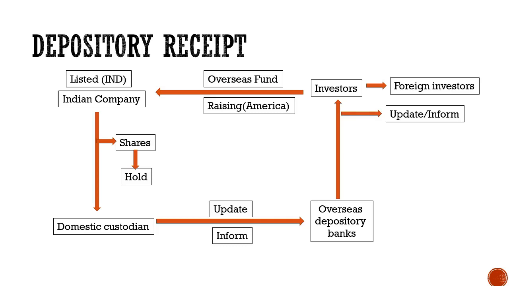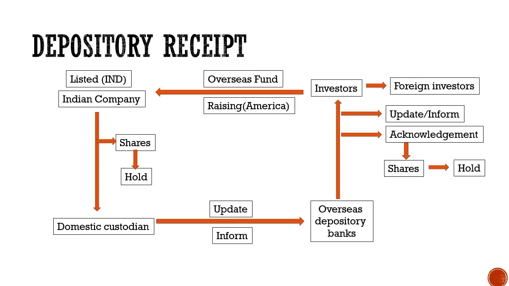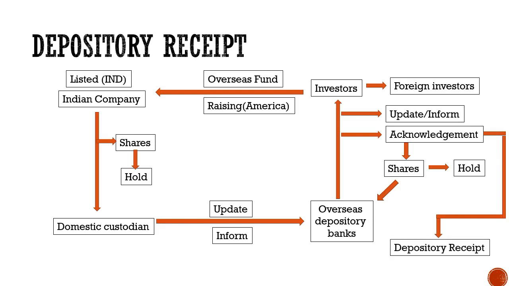On top of that, it will give an acknowledgement to the foreign investors about the shares held by the Overseas Depository Bank. Along with that acknowledgement, it will issue a receipt, and that receipt is known as the depository receipt.